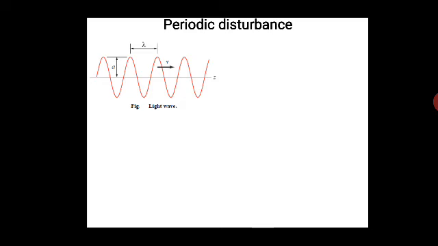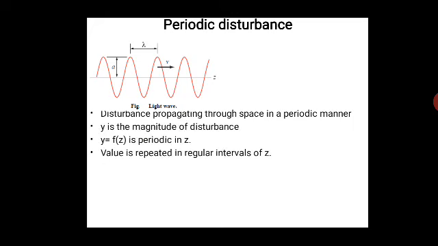The light always tends to propagate through space in a periodic manner in a direction. I can observe the direction here: it is propagating in the Z direction. Let y be the magnitude of the disturbance. Then y is a function of Z in the Z direction. So this amplitude value is regularly repeated at intervals of Z.